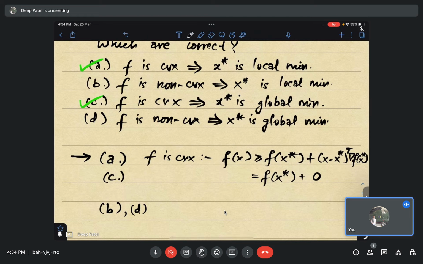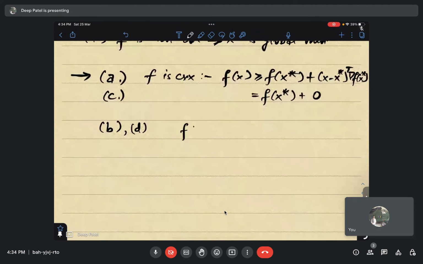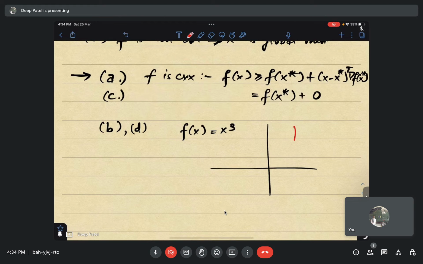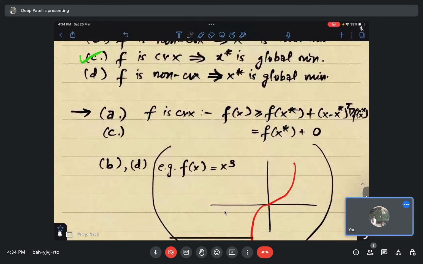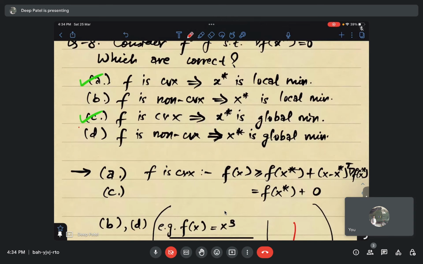Take f(x) equal to x cube. Yeah, that works.